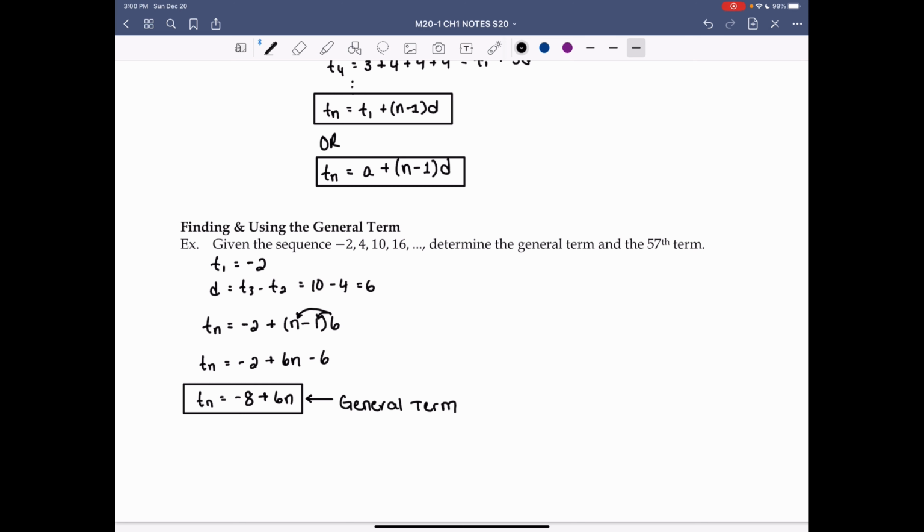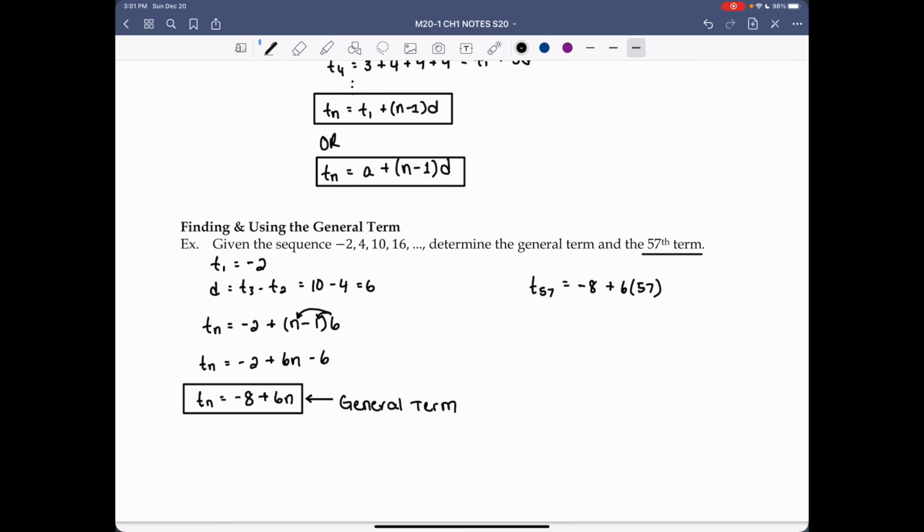Next, we want to find the 57th term, so we're going to use the general term that we just came up with to figure out the 57th term. So we do t of 57 equals -8 plus 6 times n, which is 57.